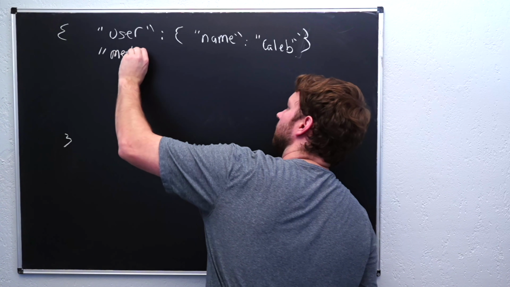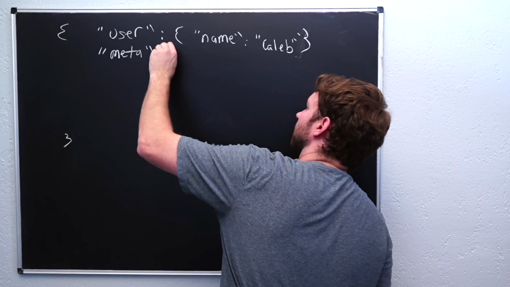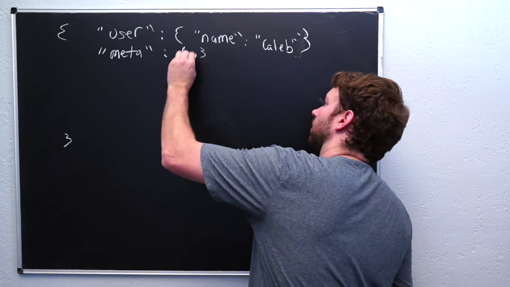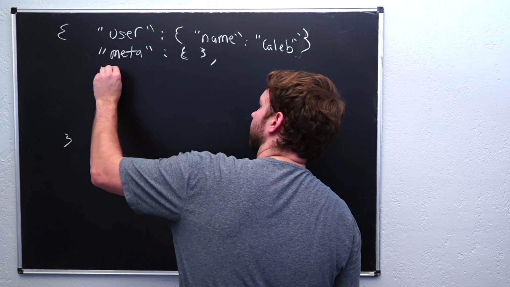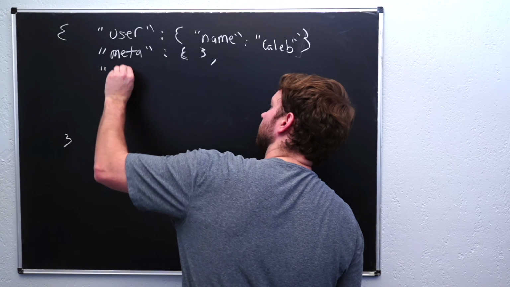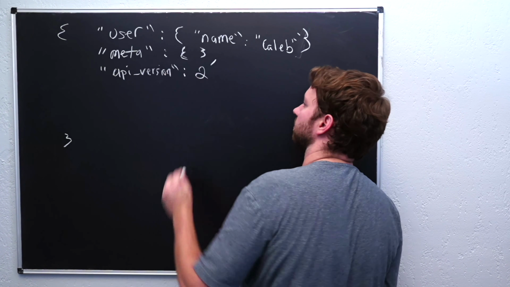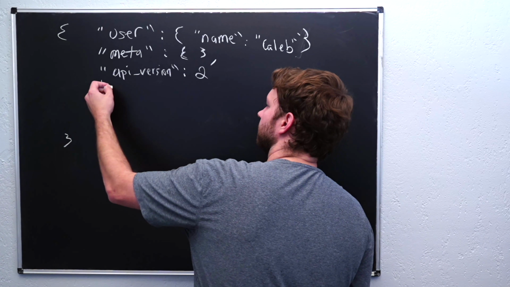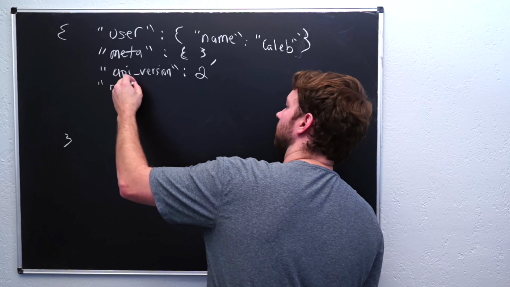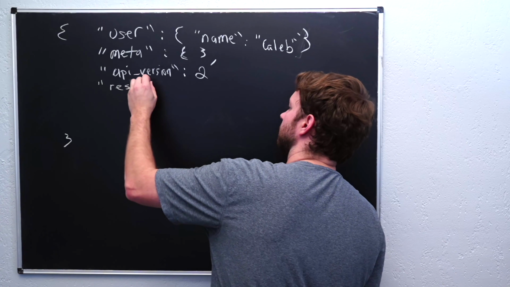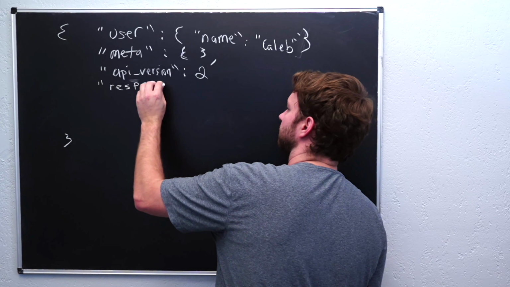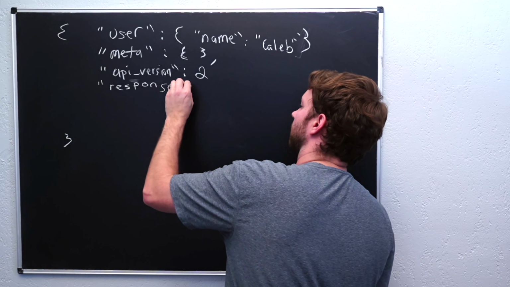So we could have a meta attribute for any kind of metadata about the request. I'll just draw that as an empty object. We could have an API version, and that could just be a number. Sometimes the response is embedded in the body, even though it's a little bit redundant with the HTTP status code in the actual response, but that is possible to see.